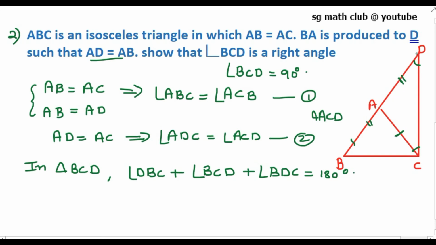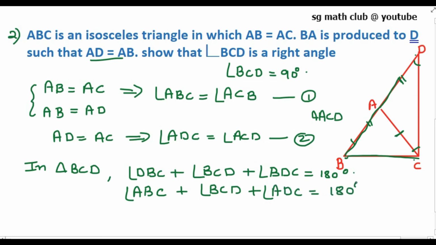Now DBC is the same as ABC, so I can change DBC as ABC. BCD I am writing as such. Again BDC is the same as ADC, as A is a point on that line. So I can write this as ADC equal to 180 degrees.